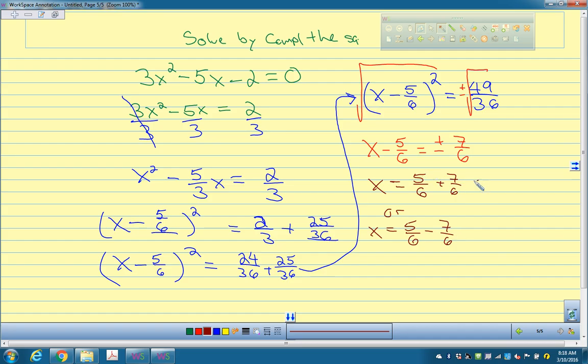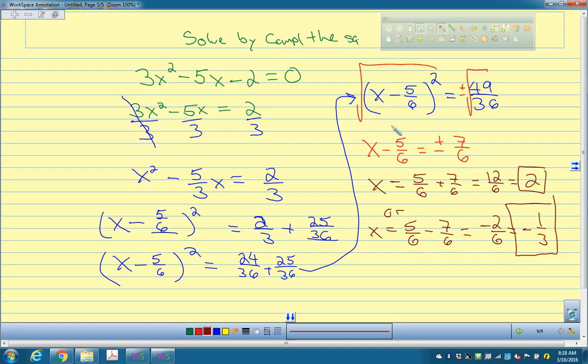What's 5/6 plus 7/6? 12/6. What's 12/6? 2. There's one of your final answers. What's 5/6 minus 7/6? Negative 2/6, which can be reduced to negative 1/3. There's your other answer, okay?